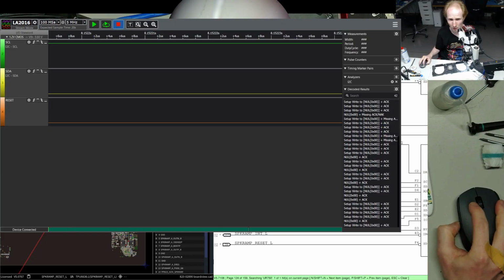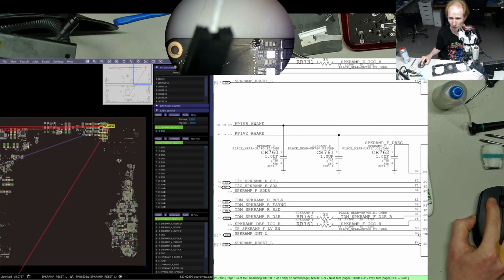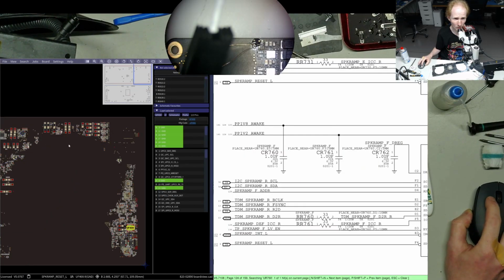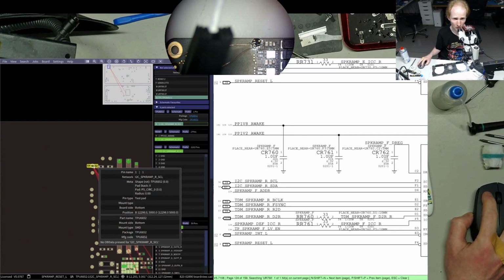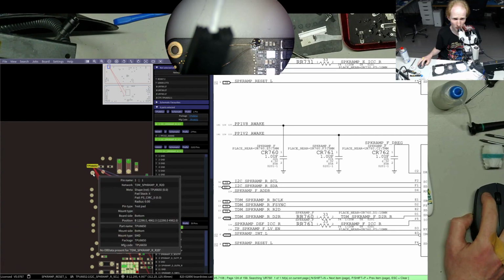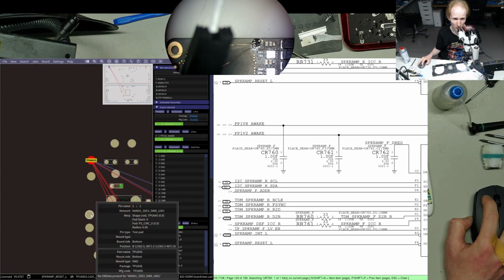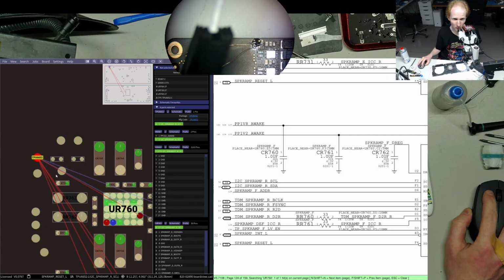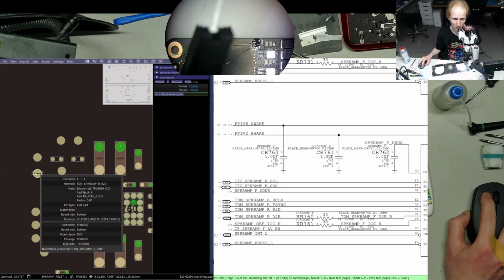Okay. Let's check once again if I soldered it properly. So, speaker amp right, SCL. Okay. Where's SDA? Clock?